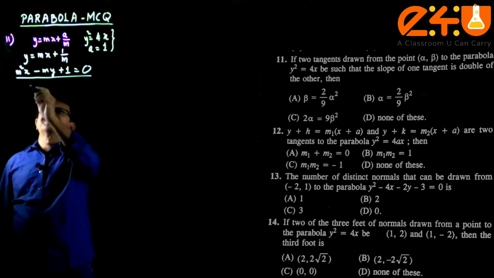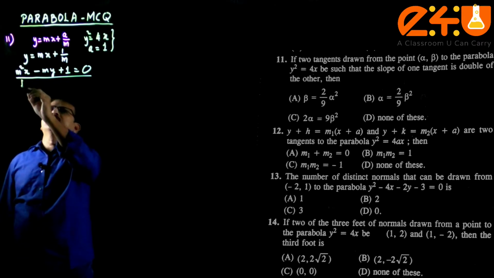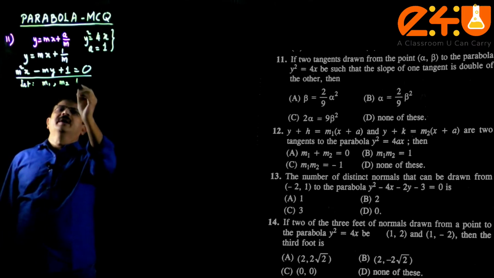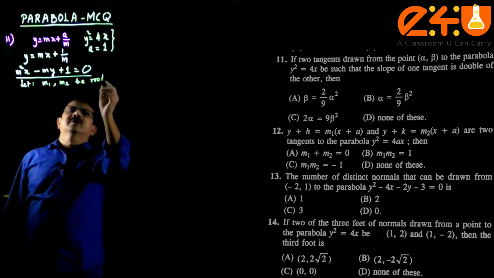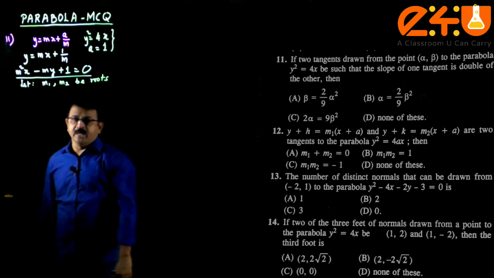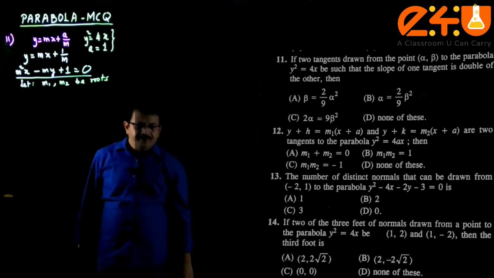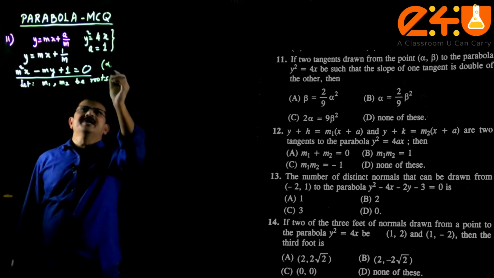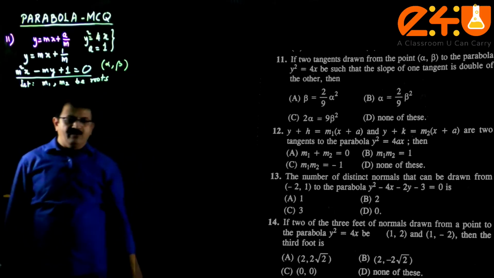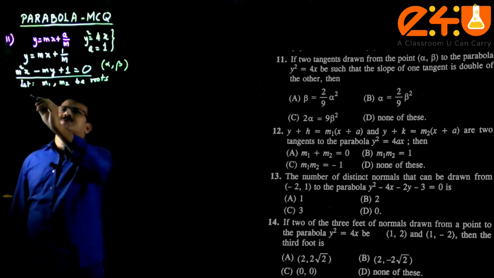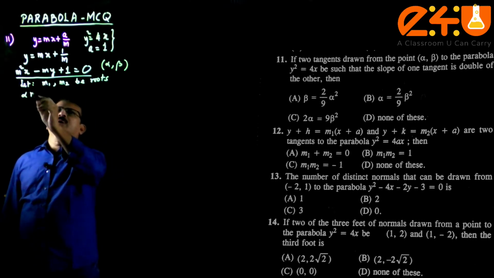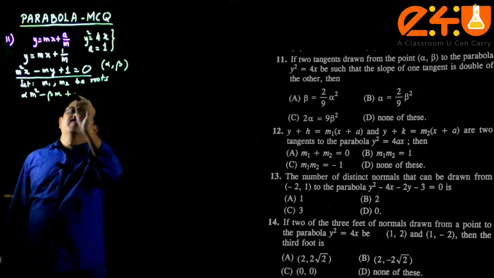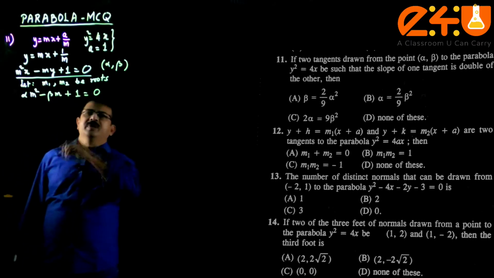Then we would like to use the properties. Let m1 and m2 be the roots of this quadratic equation. Before that, we know the tangent is being drawn from alpha comma beta, so I get alpha m square minus beta m plus 1 equal 0.